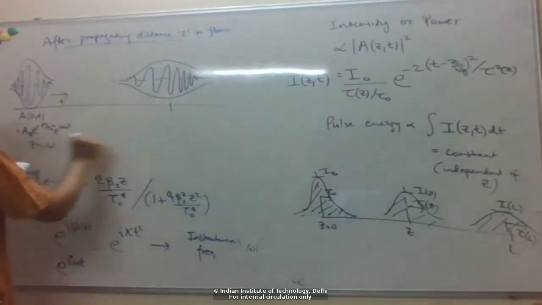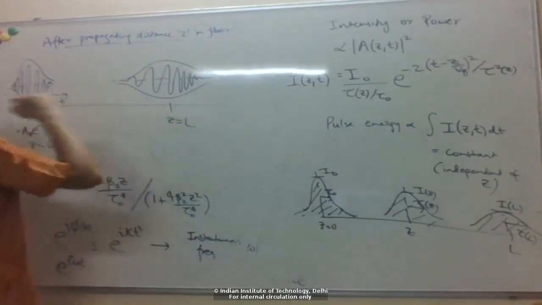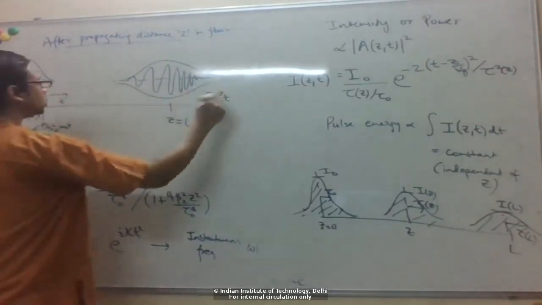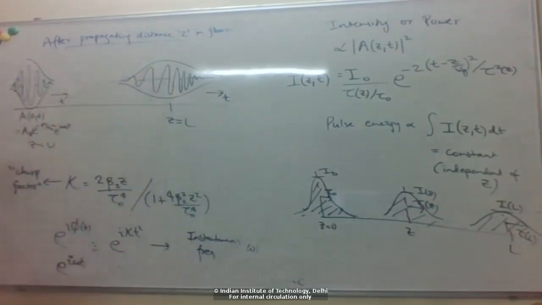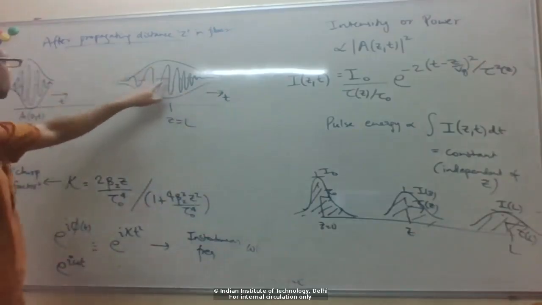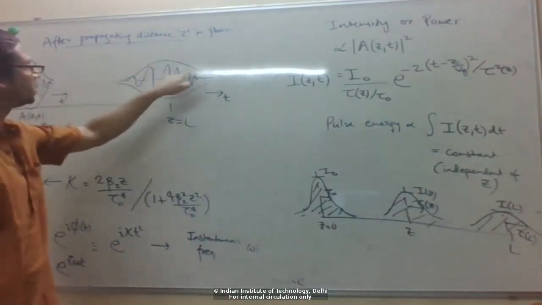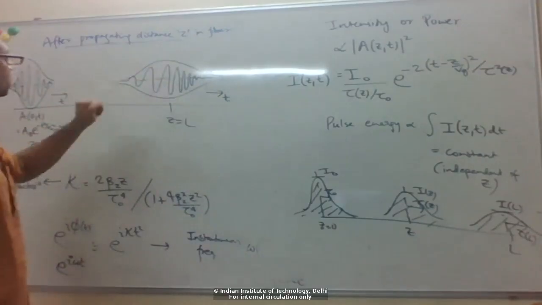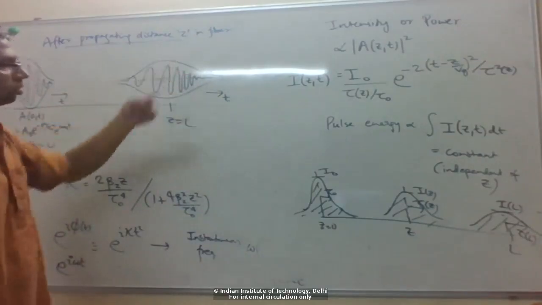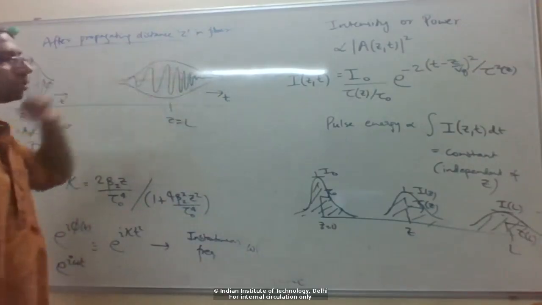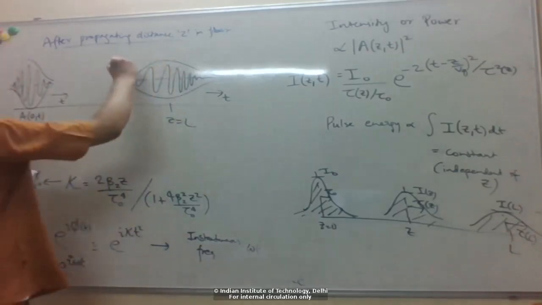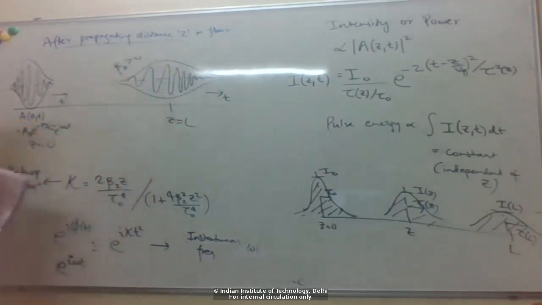This is z equal to 0, and let's say this one is z equal to L. This case would correspond to lower times, so the lower frequencies arrive first, and then the higher frequencies arrive later. So omega of t versus t is positive, which means beta 2 is positive. This would be the beta 2 positive case.